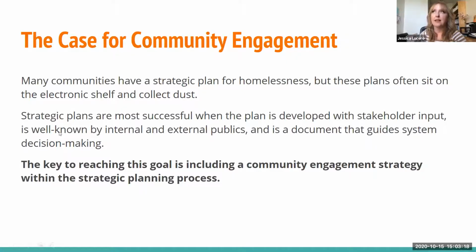After the plan's written, when you're moving into an implementation plan, if you don't have really broad support for the plan, it's going to fall into that category I mentioned at the top of just sitting on an electronic shelf. The real key from a community engagement perspective is including community engaged strategies in every step of the way throughout the strategic planning process.